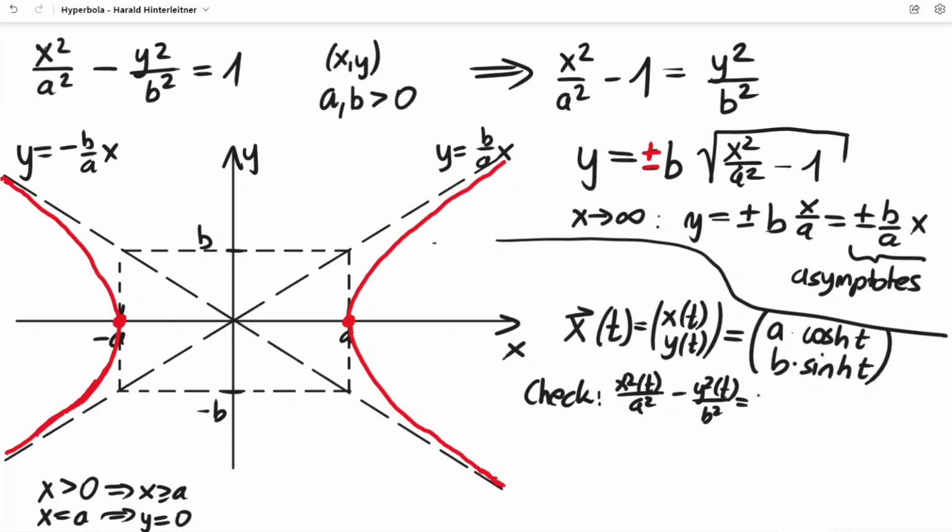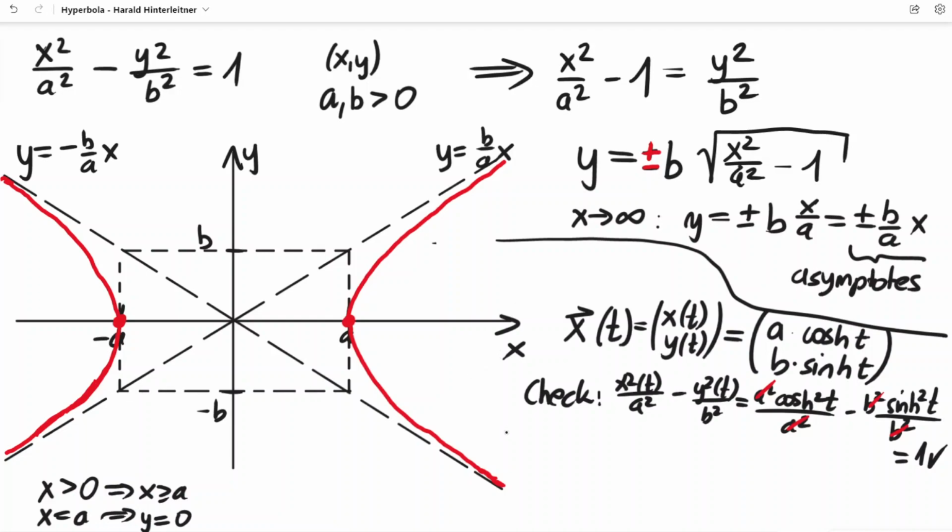So you plug in. And you see here that the a squared cancels out the b squared. And you know from the hyperbolic functions that cosine hyperbolicus squared minus sine hyperbolicus squared is equal to 1. And this is actually our hyperbolic equation. So we have proven that.